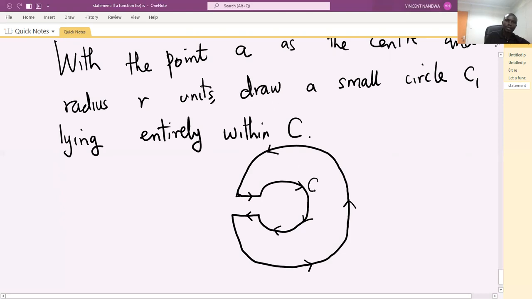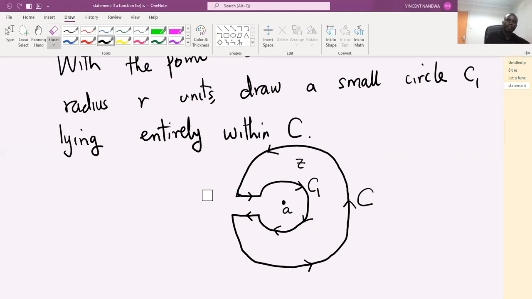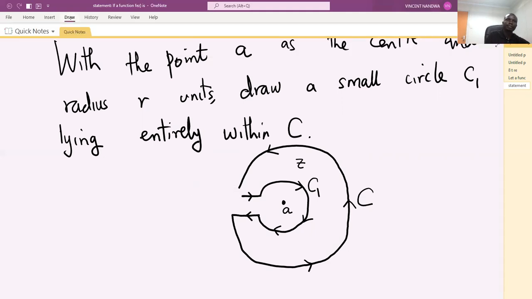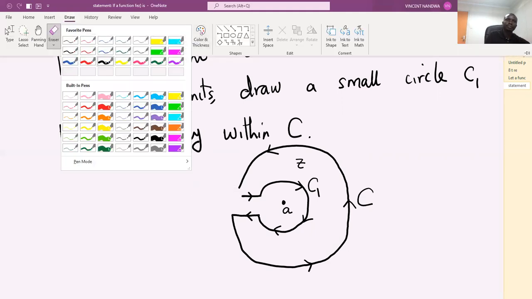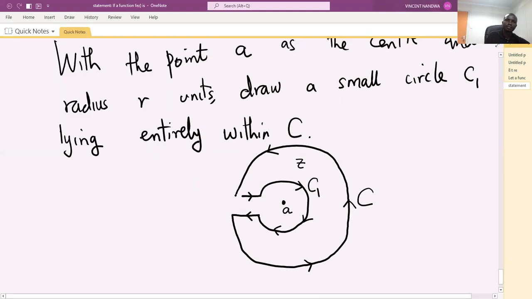Call this one C1. So this way I have the point A. This is the curve C. So we have a general point Z within this region. So that's what we have.